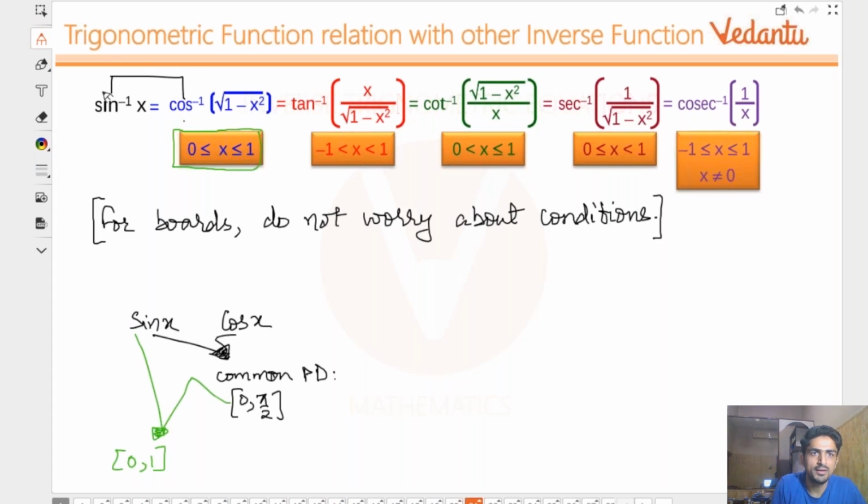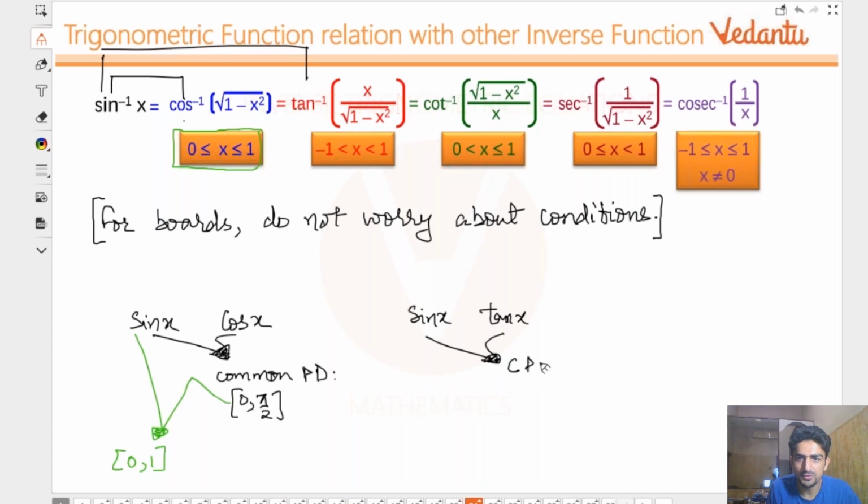Okay. Now let me convert this into tan inverse. Look for the principal domains of sin x and tan x, and write the common principal domain. It is open minus pi by 2 to pi by 2. The principal domain of sin x is closed minus pi by 2 to pi by 2.